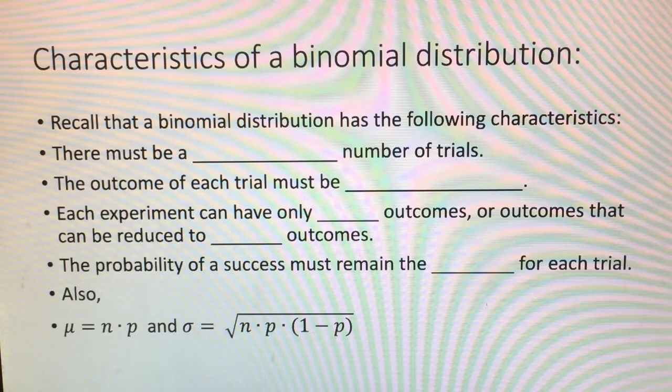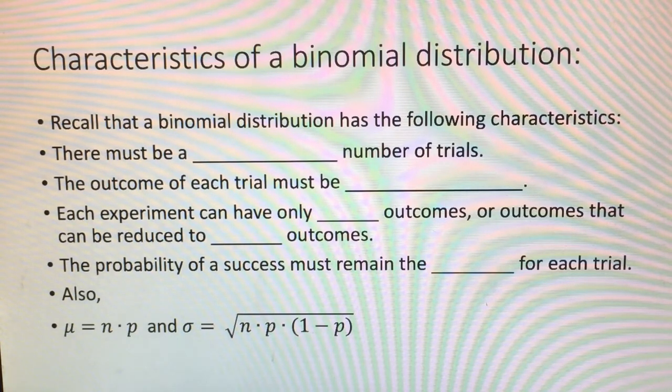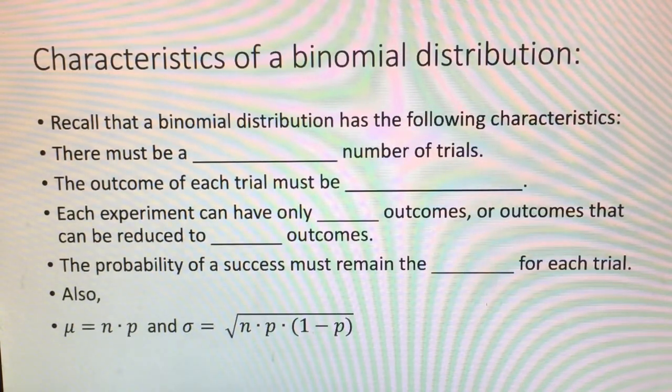Because we need to know if something is a binomial distribution so that we can then decide whether we can use the normal approximation to the binomial distribution. If we don't know it's a binomial distribution, then we won't know if we can use the normal to approximate it. So it says, recall that a binomial distribution has the following characteristics.